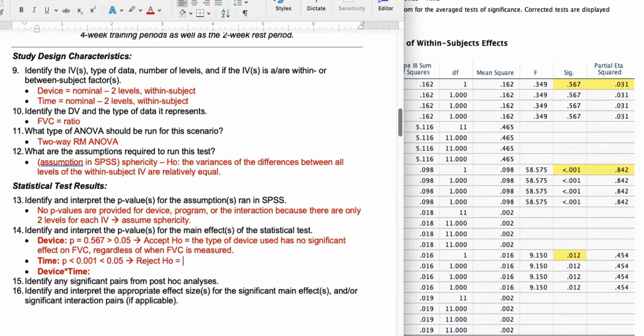And then we would say that there is a significant difference between pre and post intervention measurements.